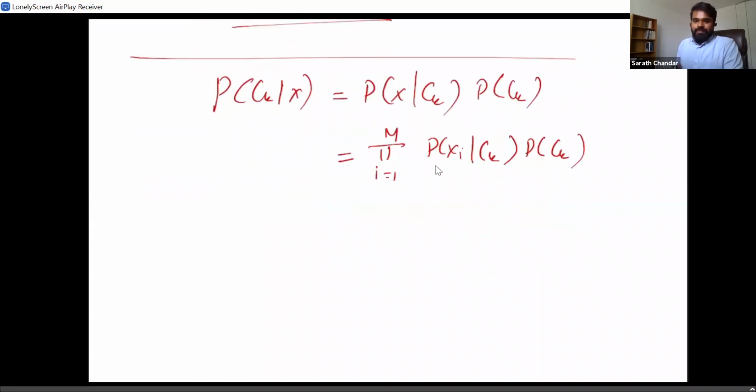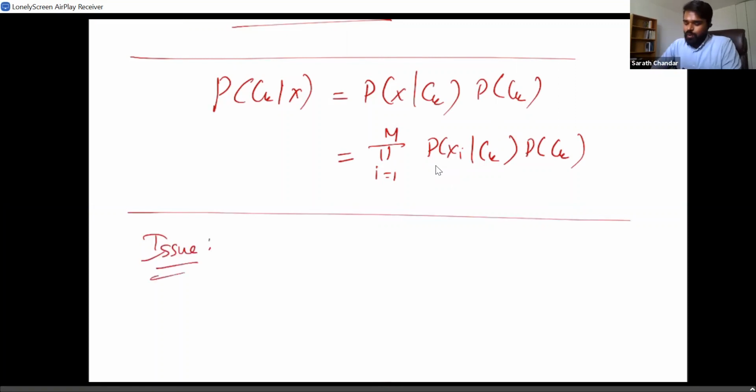So I could do this naive Bayes solution, where I'm going to get the probability for c_k given x. Now there is a problem in doing this approach. Can someone tell me what could go wrong if I compute P of x_i given c_k for every word in every topic?